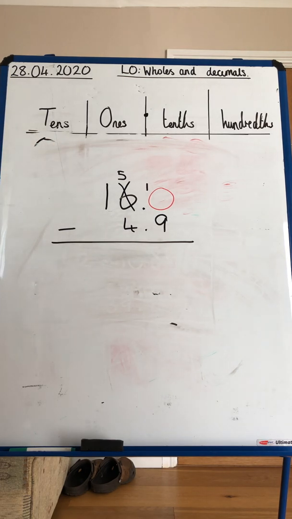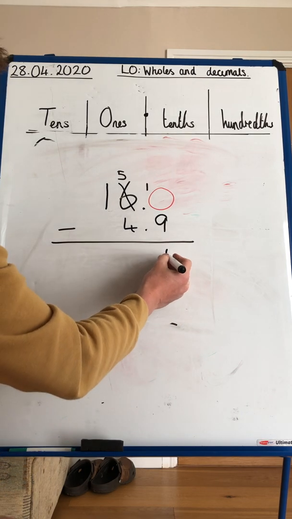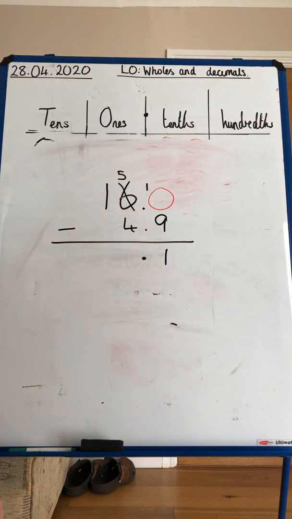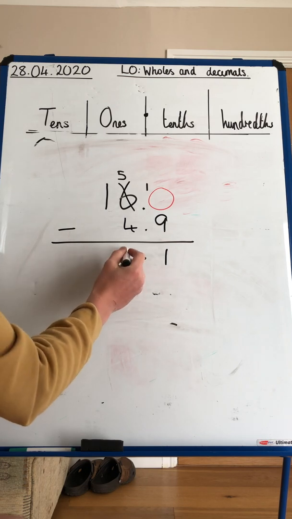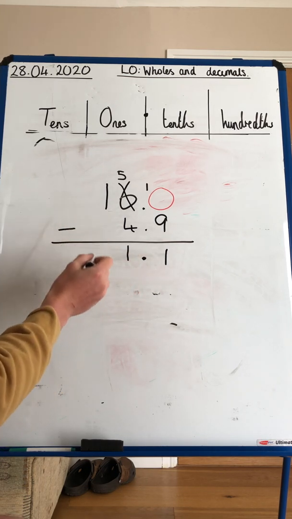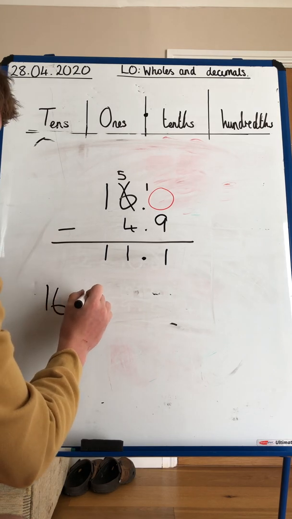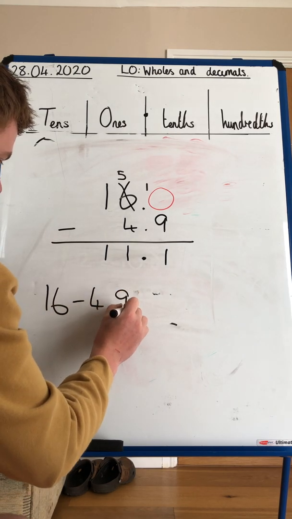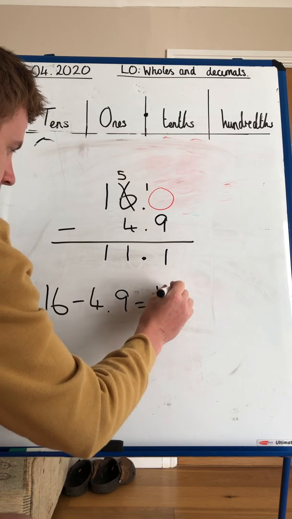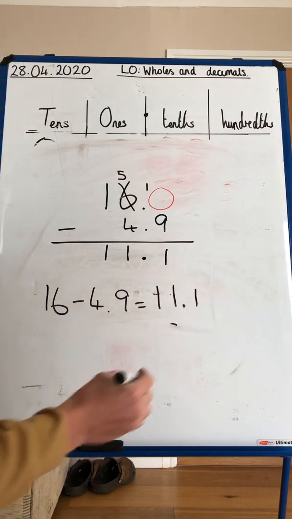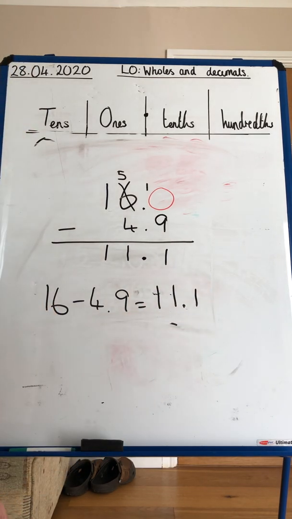Now, 10 take away 9 is 1, so 10 tenths take away 9 tenths is 1 tenth. 5 take away 4 is 1, and 1 take away nothing is 1. So our answer to 16 take away 4.9 is equal to 11.1. Okay, I hope that's helpful for you.